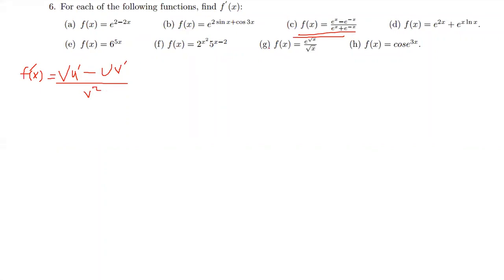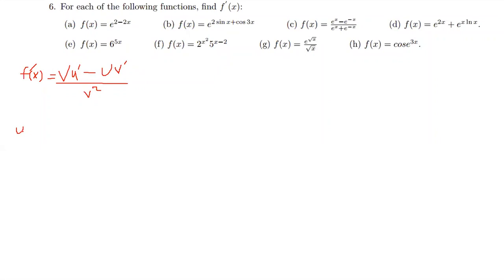So in this case, what we need to do is to identify which one is your v, which one is your u. For product rule, you can choose any of the two functions to be either u or v. But for quotient rule, v is always the denominator. So our u will be the numerator there.